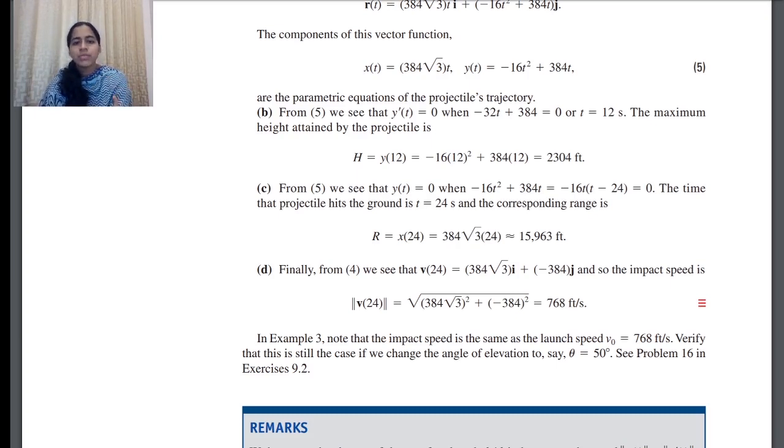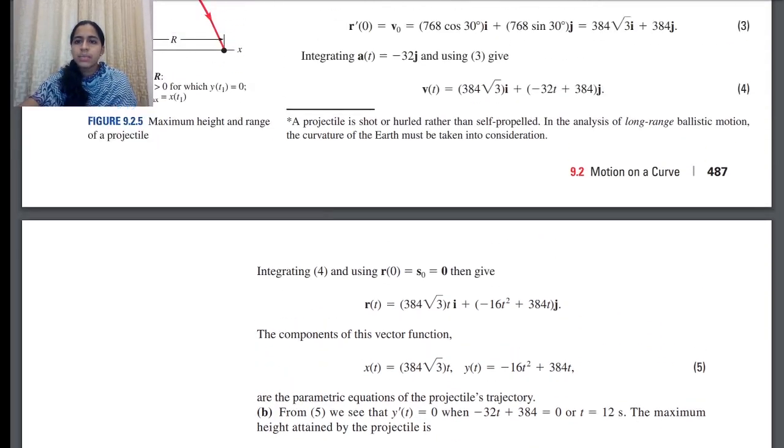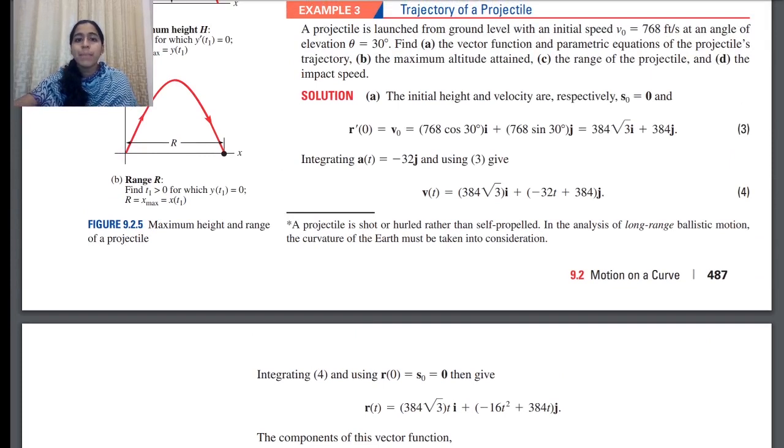So this is how we can find the height and range. And what is the last portion of this example? We are asked to find the impact speed. Now once we know the velocity, as we did in the previous section, the speed would be the magnitude of the velocity.